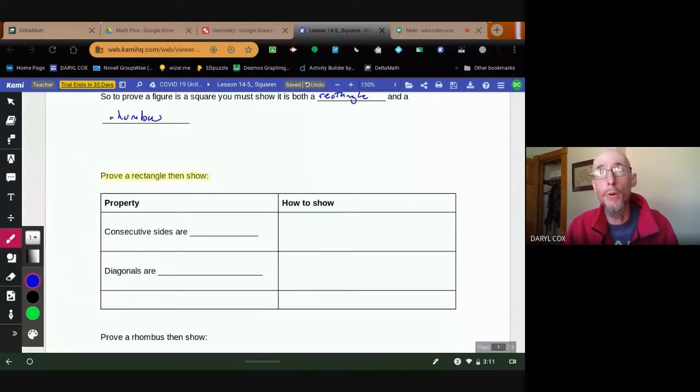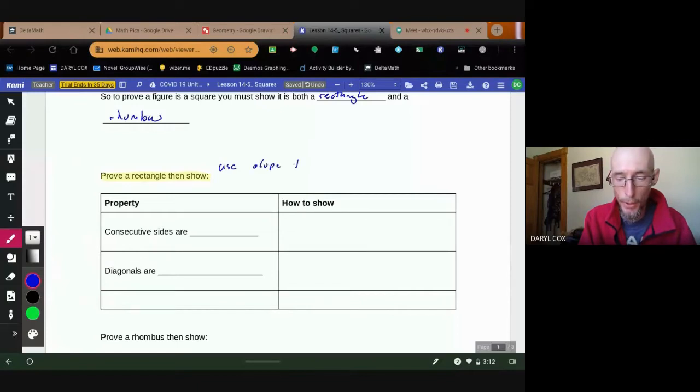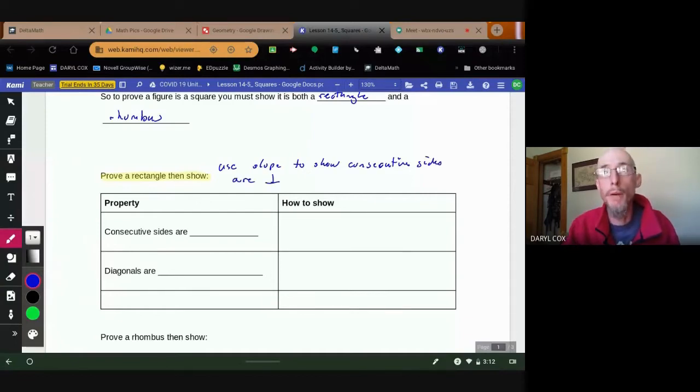Hopefully you were able to say, use slope to show consecutive sides are perpendicular. Remember when we proved rectangle, we used slope to prove it's a parallelogram and then show one set of consecutive sides is perpendicular. That gave me my rectangle. So then I state, great, I have a rectangle.